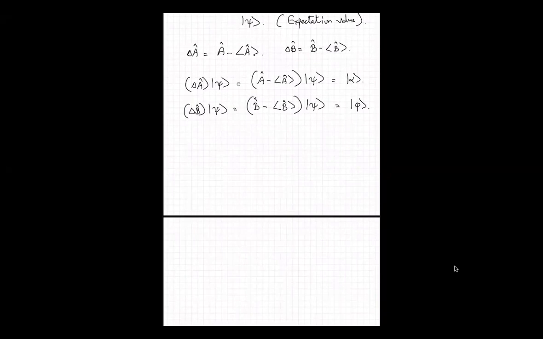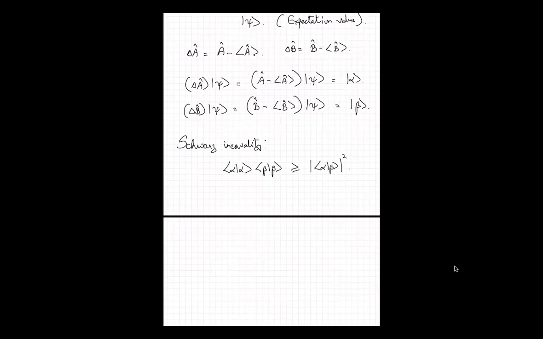For two vectors alpha and beta, so let us call this some vector beta instead of phi, the Schwartz inequality states that the square of the length of alpha times the square of the length of beta should be greater than or equal to the overlap of alpha and beta, whole square.